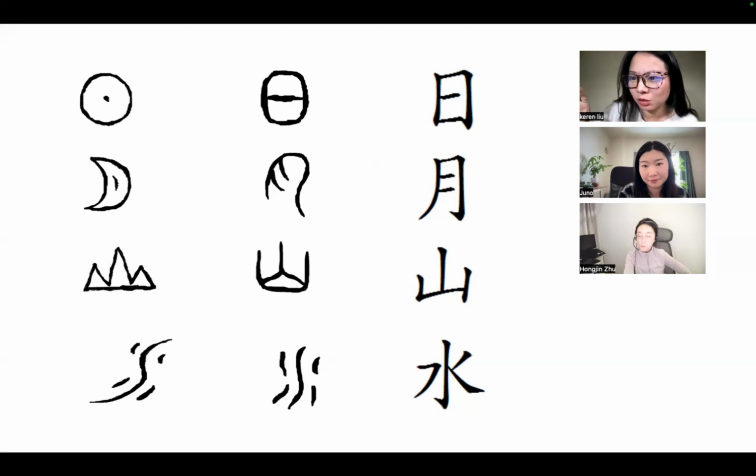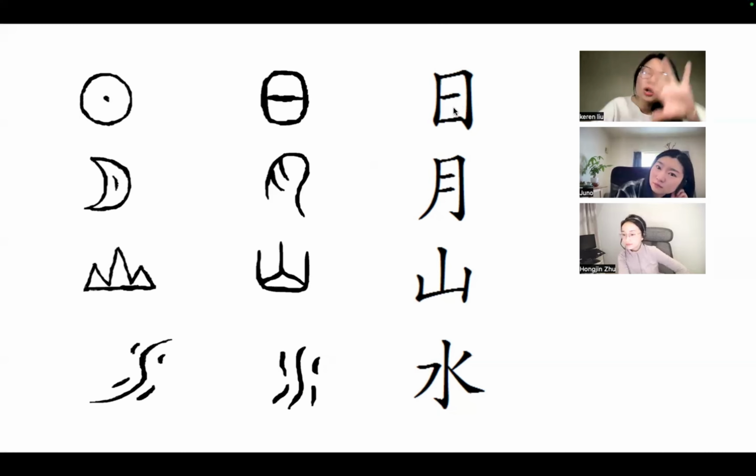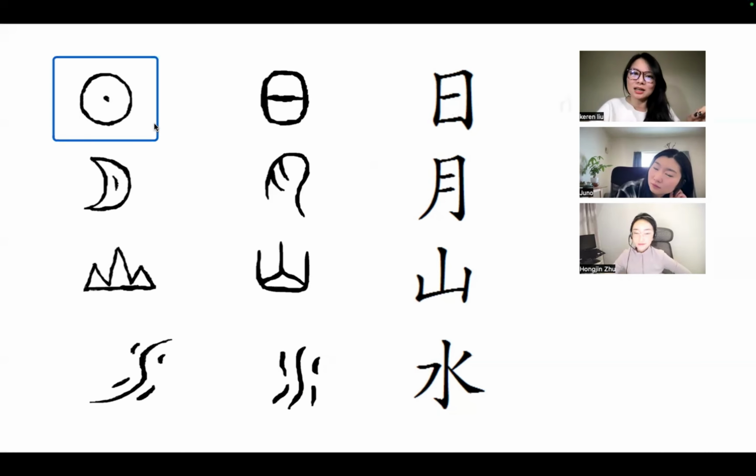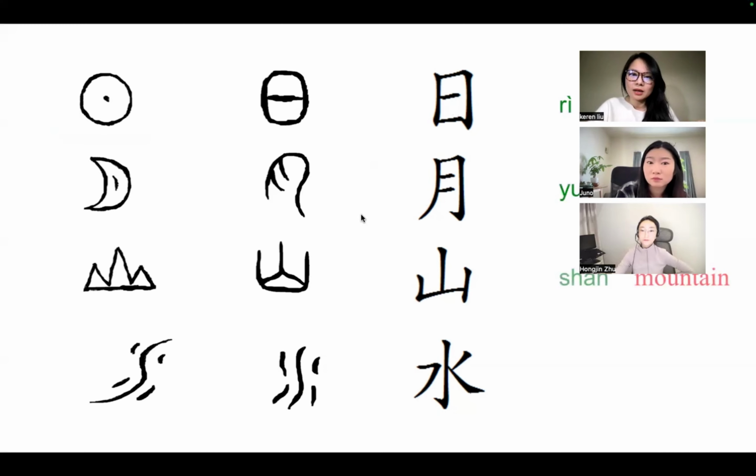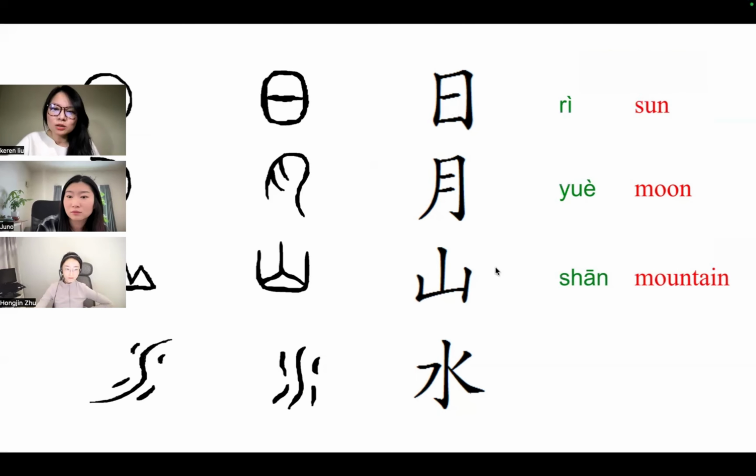Sometimes they won't change the formation, but knowing these basic characters are foundations for you. So we always start with characters that still look like what they were in the past. So 日 looks like sun. 月 looks like moon. 山 looks like mountains. 水 looks like water.